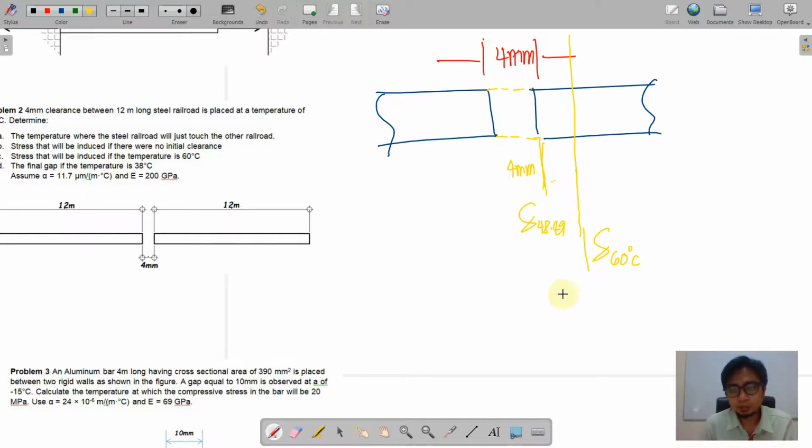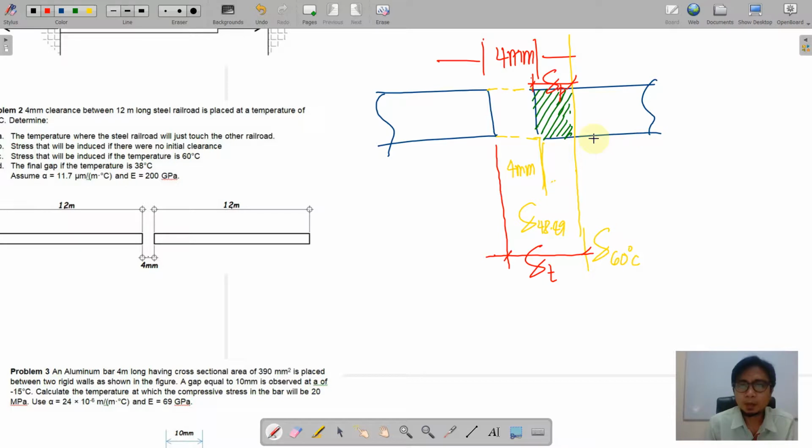Okay? Magkakaroon na tayo ng yan. This is delta due to push. Okay? So that is delta due to push. And then this is delta due to temperature at 60 degrees Celsius.